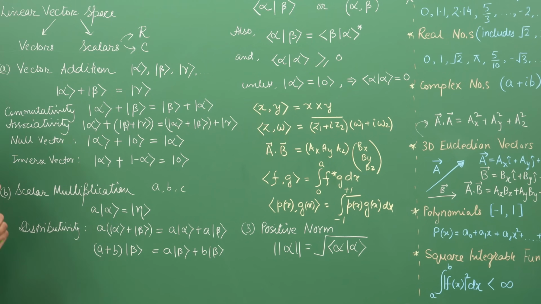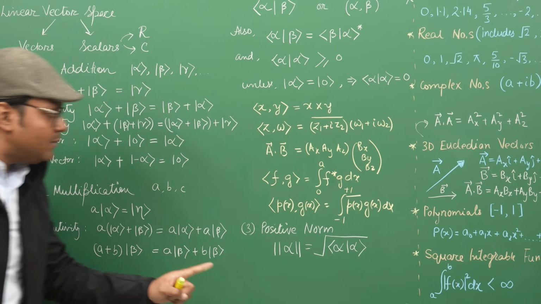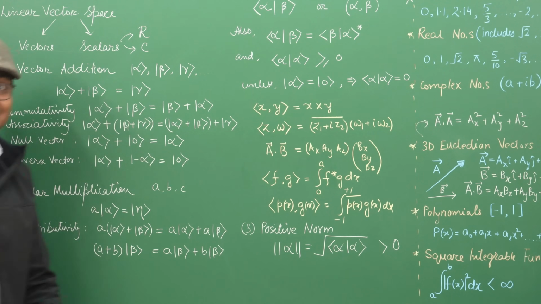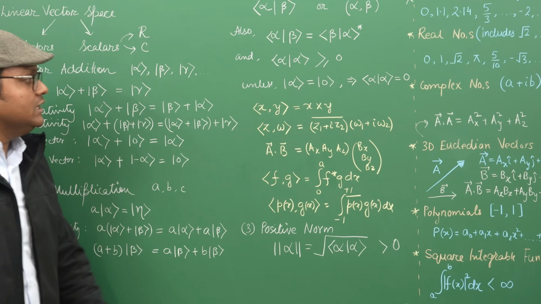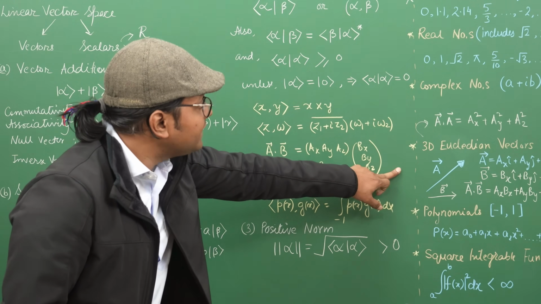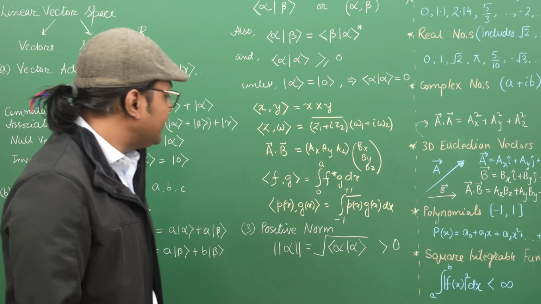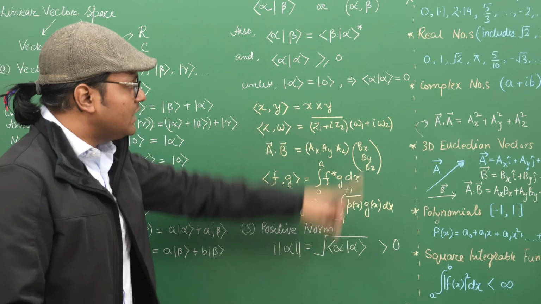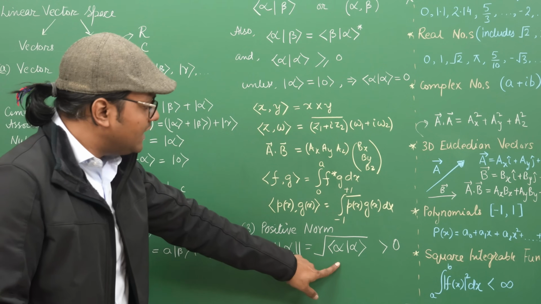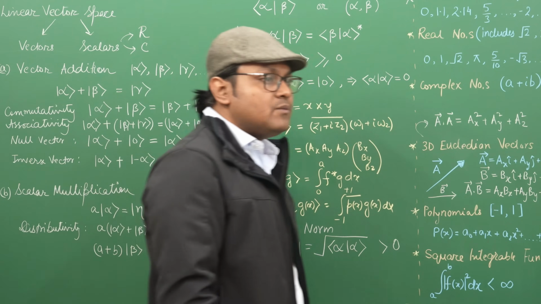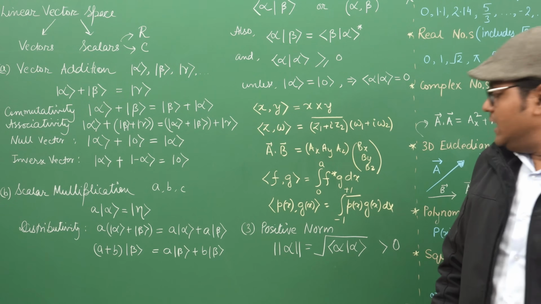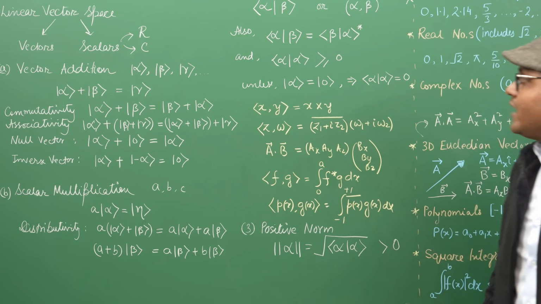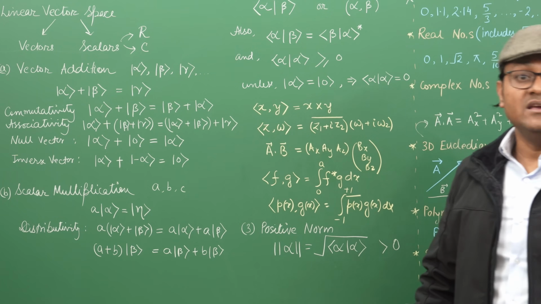And for a mathematical space to be a Hilbert space, this norm must always be positive. So whether you deal with usual 3D Euclidean vectors or other kinds of mathematical spaces, if I have a well-defined inner product and I take an element of that space and do an inner product of the element with itself, the square root of that must be greater than 0. If that is possible, then it satisfies the third important criteria of that space being a Hilbert space.